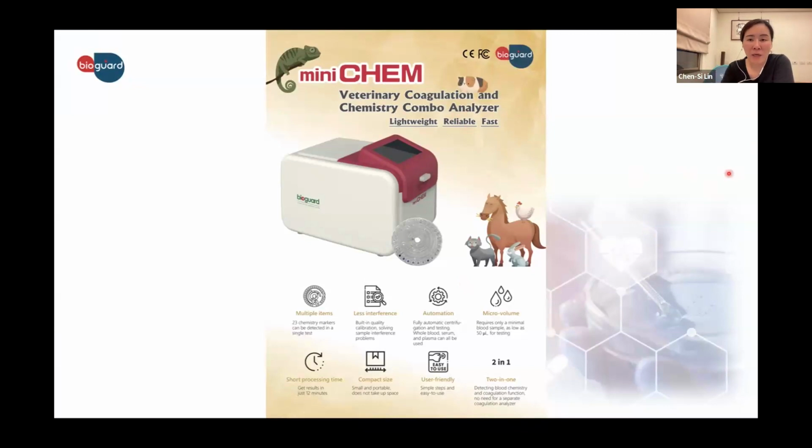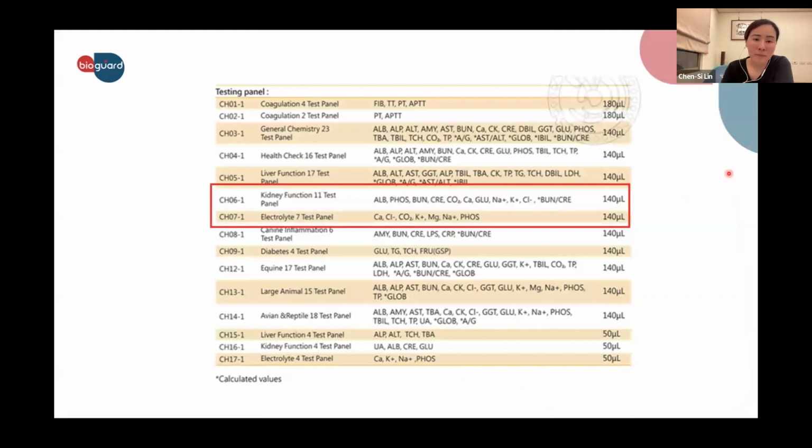For example, here Bioguard provides the analyzer as well as the specific reagents to help us not only monitor the electrolytes, we can also use different parameters such as the kidney parameters, BUN, creatinine, and so on to help us find out if any specific problem occurs.